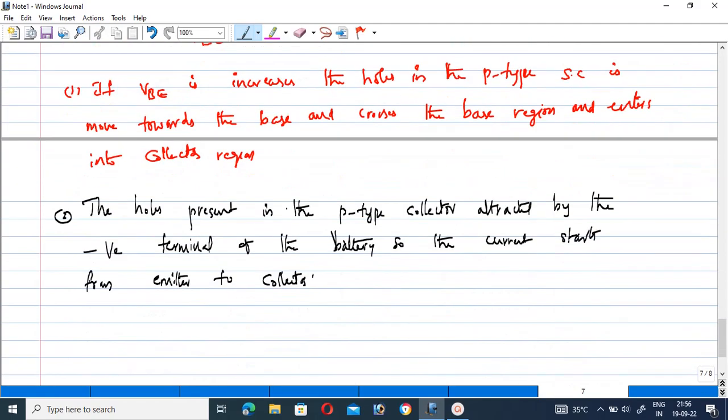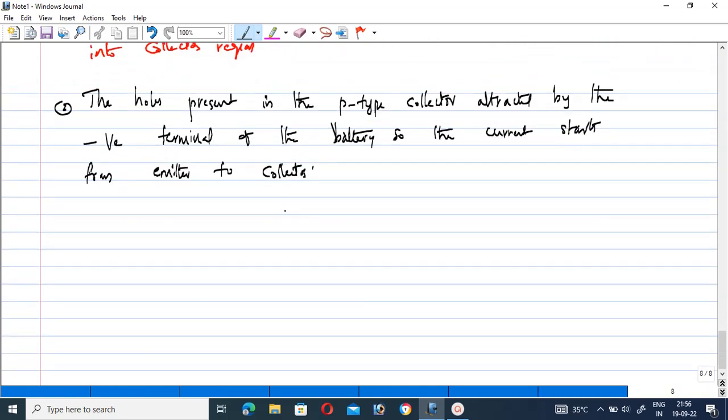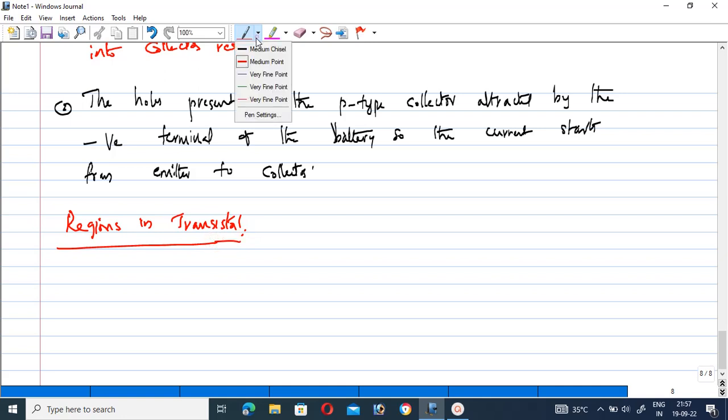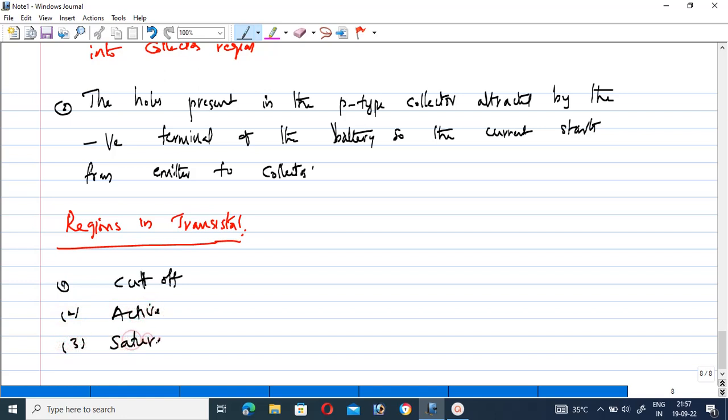Generally, in case of the transistor, we have three types of regions. What are the regions? That is nothing but cutoff region, the second one is active region, and the third one is saturation.